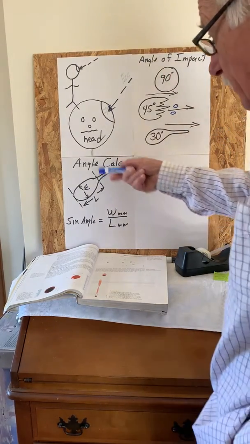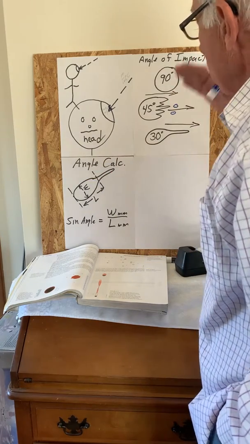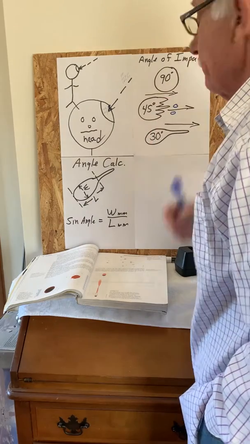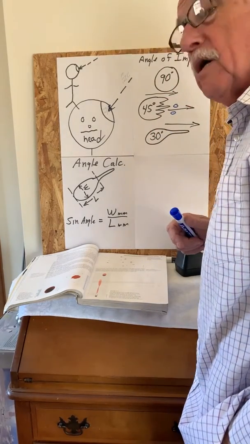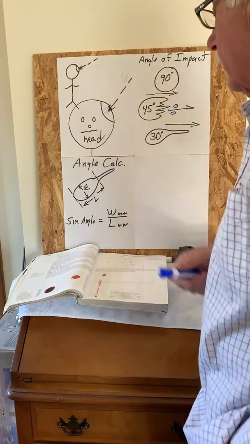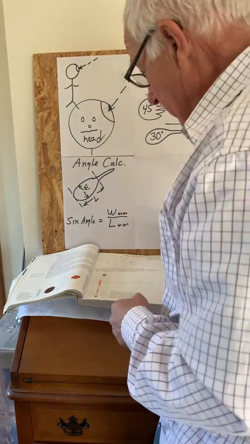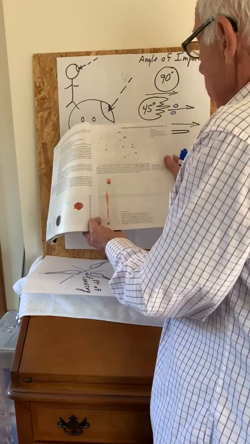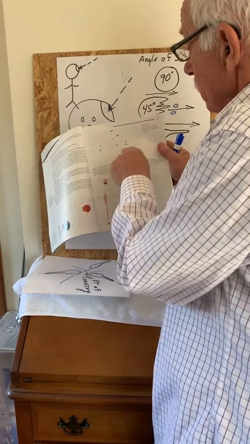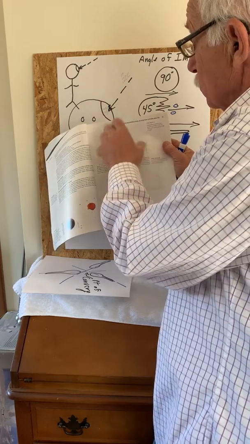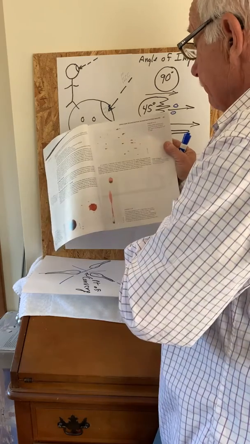So that takes us down to here. How do I know exactly what the angle of impact for that blood would be? Well, down here I give you a real quick analysis of that. But before I even get into that, I want to draw your attention to page 83. And you'll notice here is a whole series, a swarm of blood.